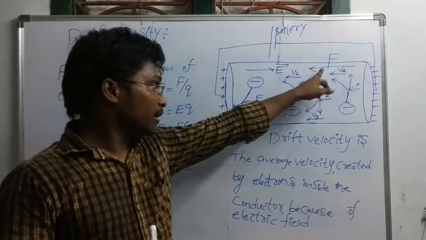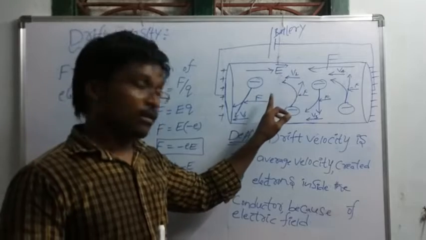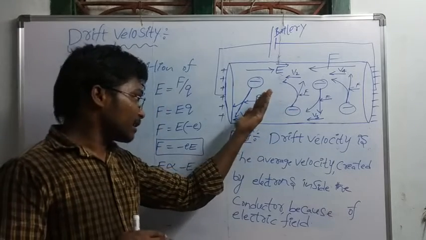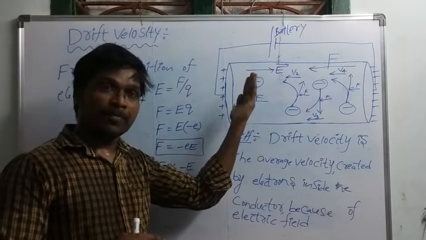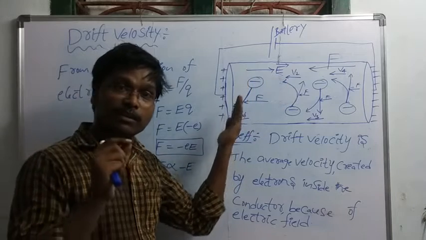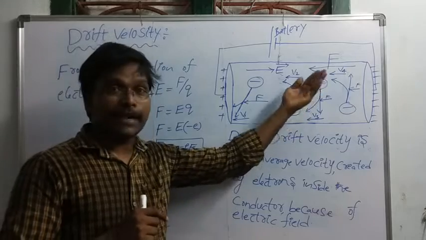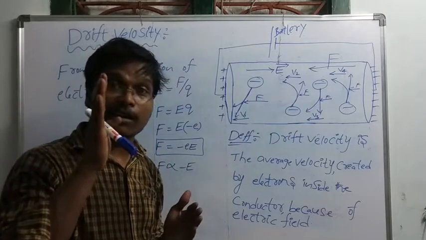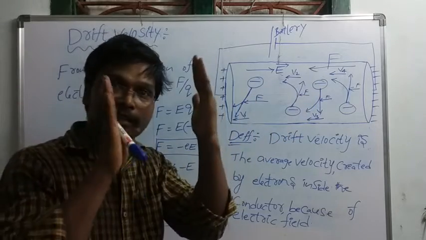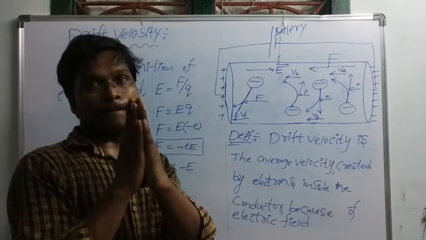So here force is acting on the electron, and the electrons are in motion. Electrons in motion means they have an acceleration, and force is already acted on the electrons. So which law is related to force and acceleration? Newton's second law.